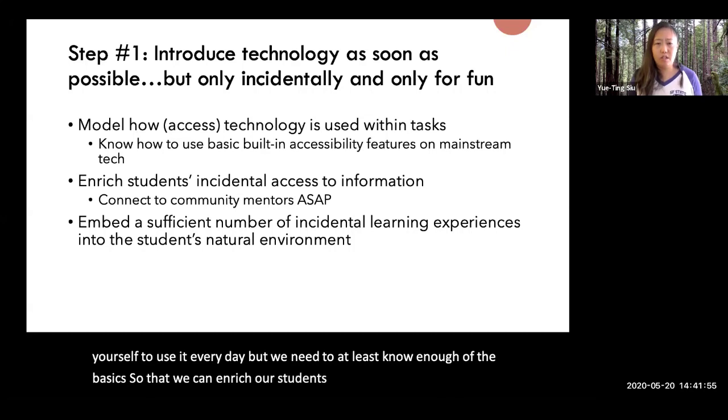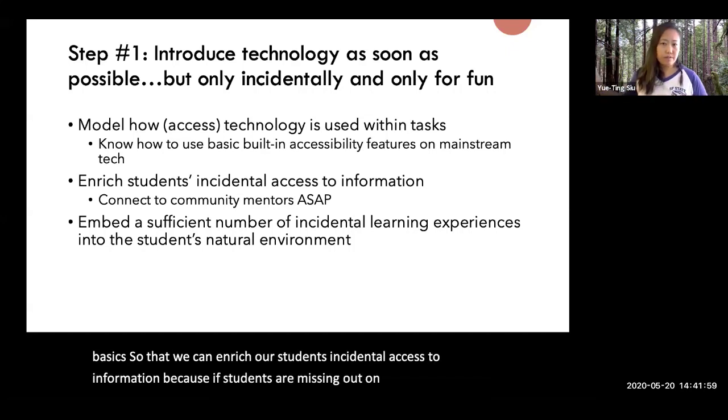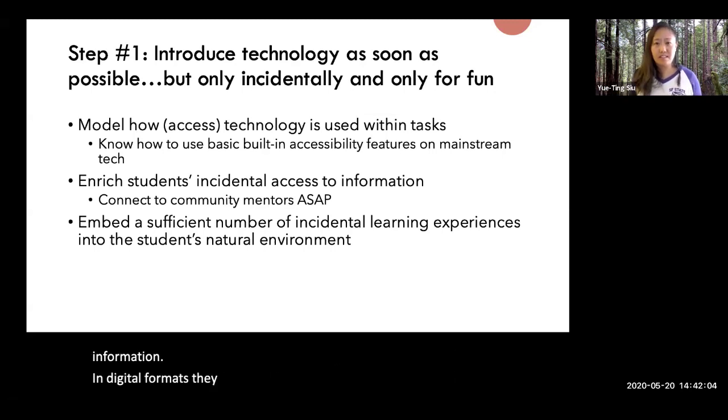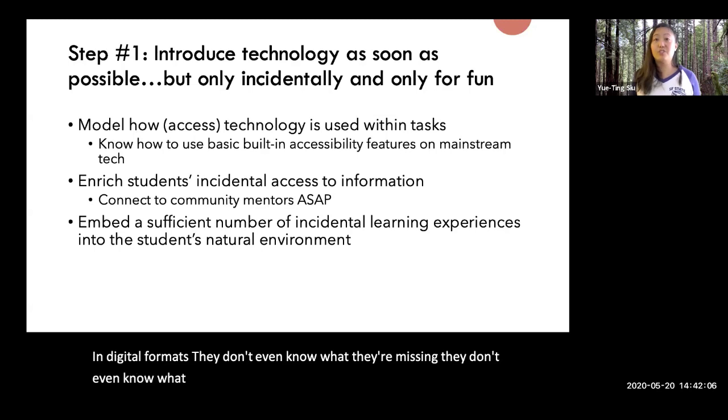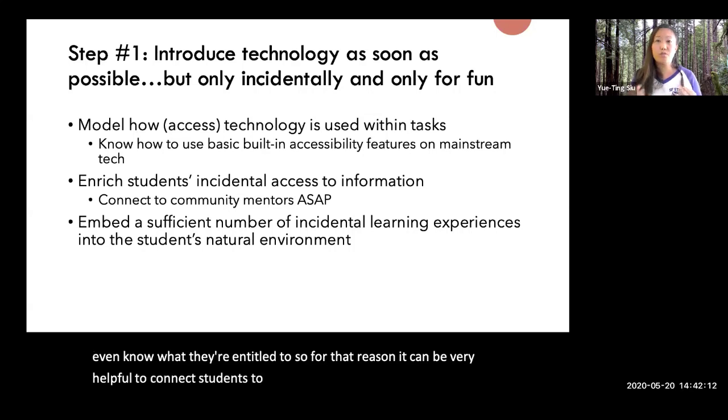Because if students are missing out on this world of information in digital formats, they don't even know what they're missing. They don't even know what they're entitled to. So for that reason, it can be very helpful to connect students to their community mentors as soon as possible.